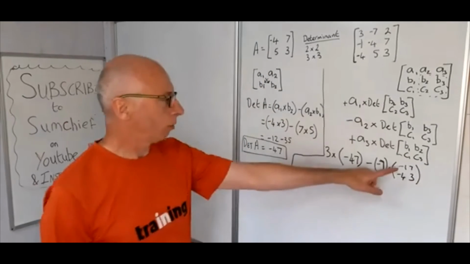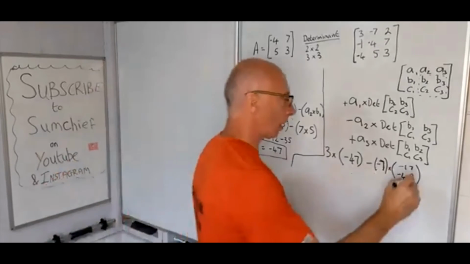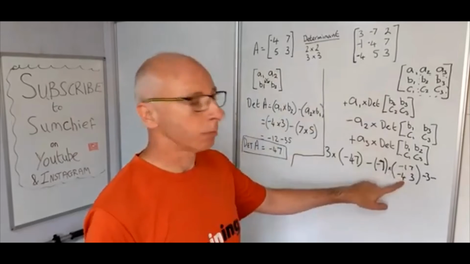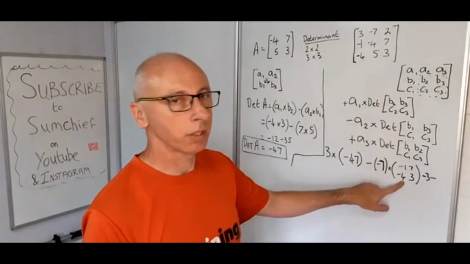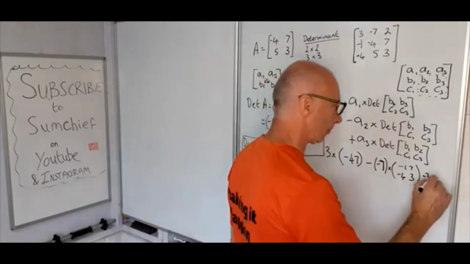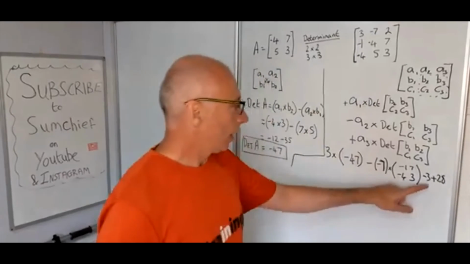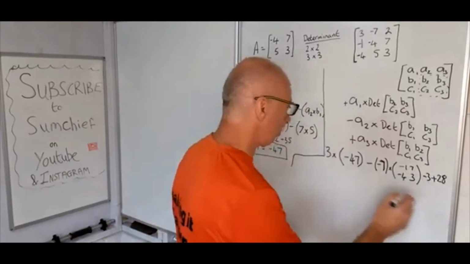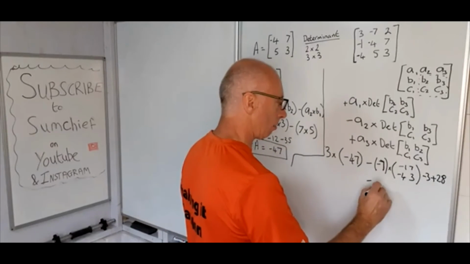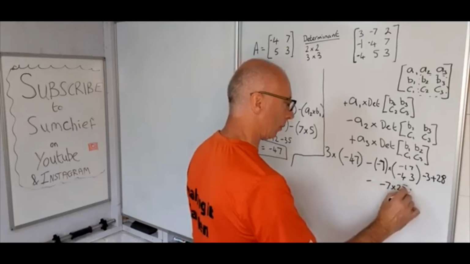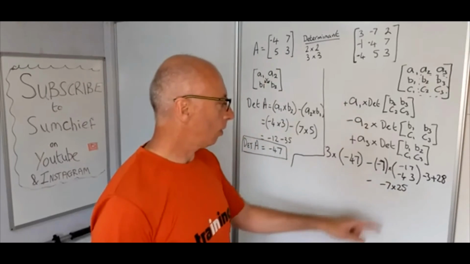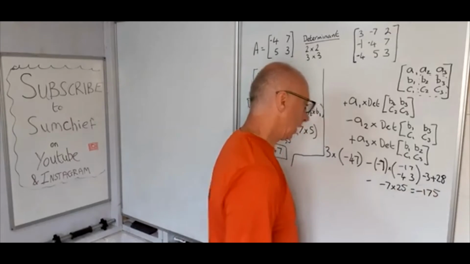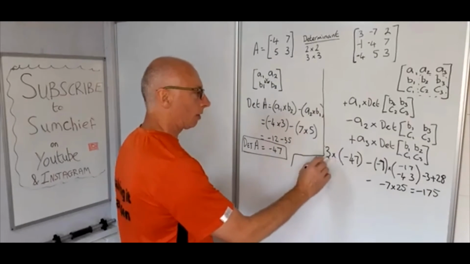So that will be -1 times 3, which is -3, minus 7 fours are 28, but minus, so minus 28 will be plus 28. So that will leave us with plus 25. So then we've got minus 7 times 25. So minus 7 times 25 is minus 175. So that's where we're up to here.